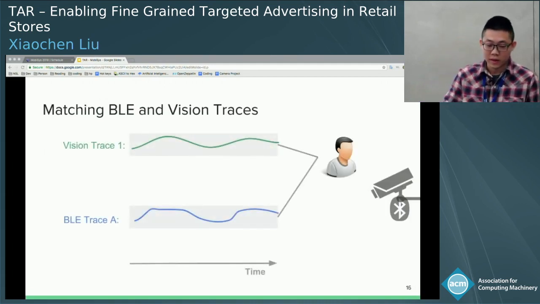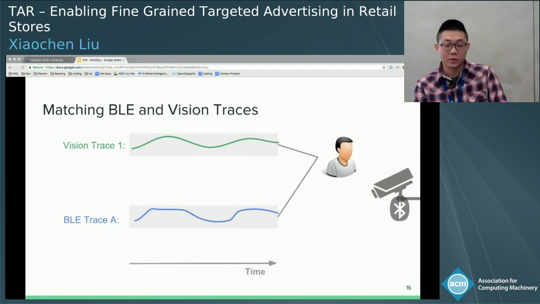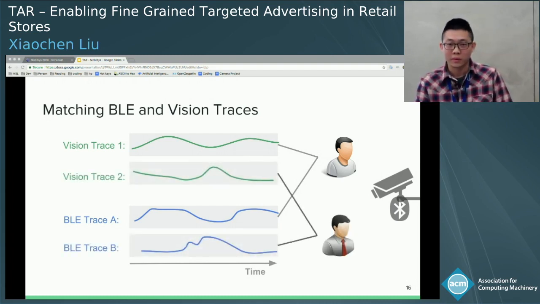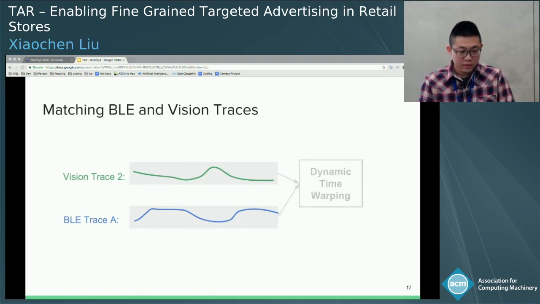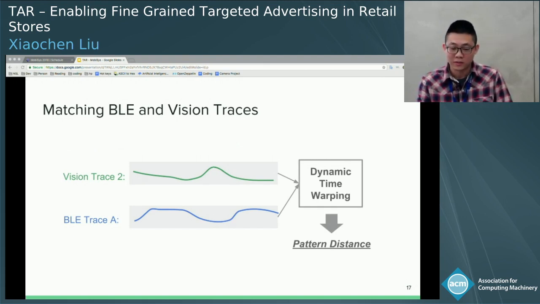Now let's take a look at how TAR matches the traces. In the camera, we capture one person with his vision trace and BLE proximity trace. At the same time, we have another person here. For each vision-BLE trace pair, we use dynamic time warping to compute the dissimilarity between two patterns.